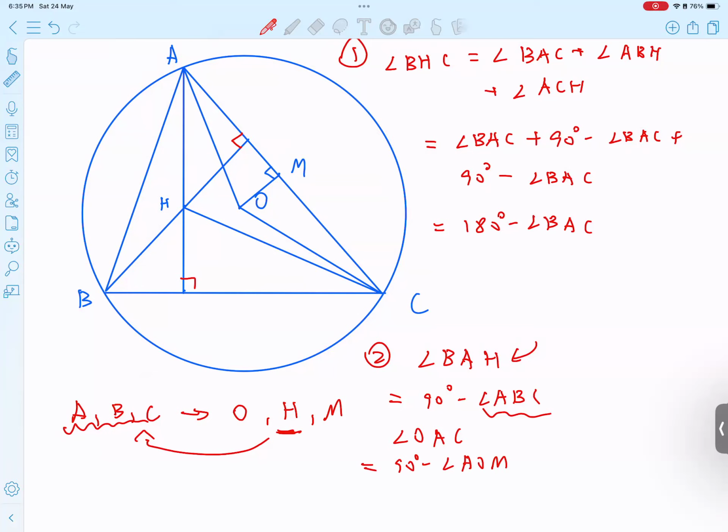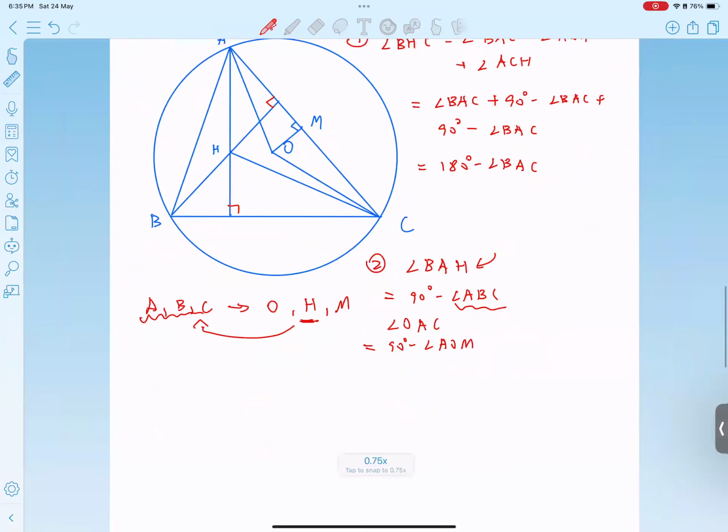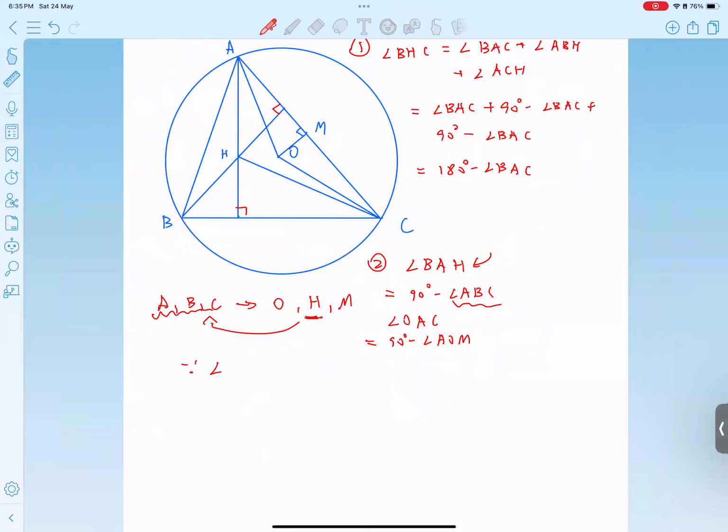And since AOC is the central angle, angle AOC equals 2 angle ABC, and we know that angle AOM equals angle MOC because the triangles AOM and COM are congruent, which is also not too hard to see.